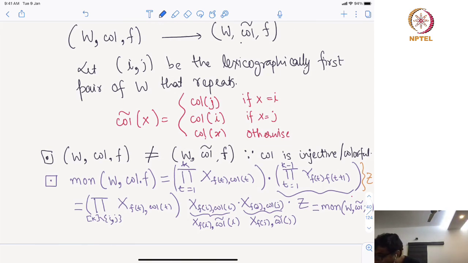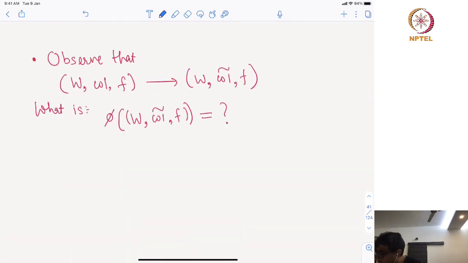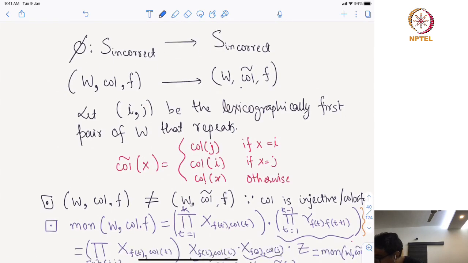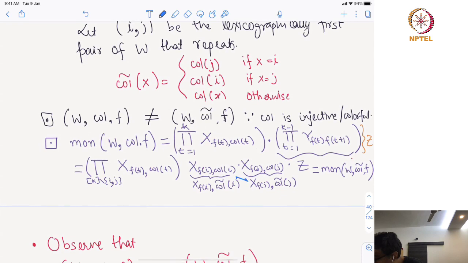But what is this? This is the same as the monomial of (W, col tilde, f).